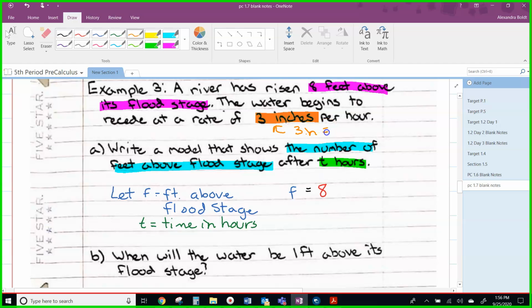Three inches is the same as 3 over, well, there's 12 inches in a foot. So 3 over 12 feet, which equals 0.25 feet.